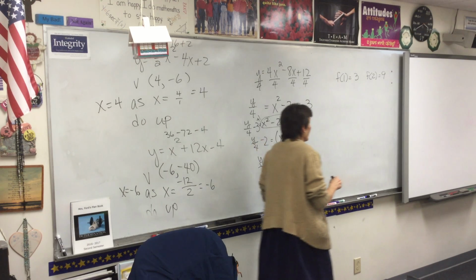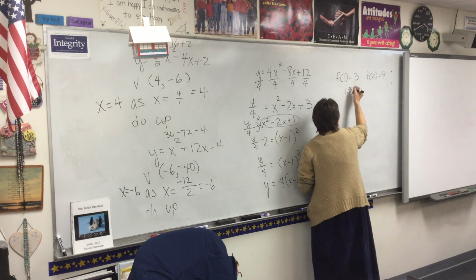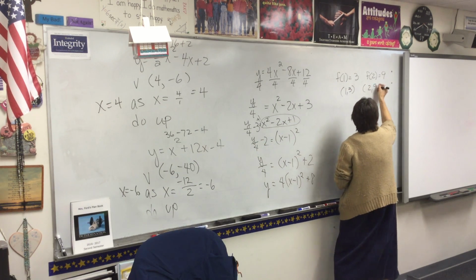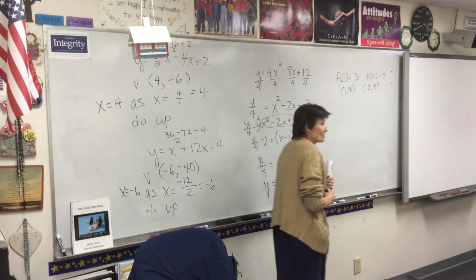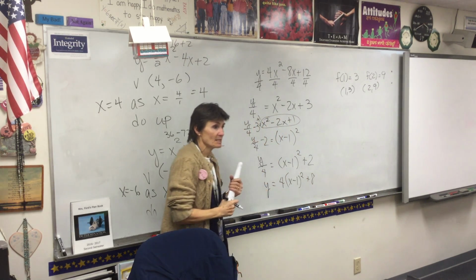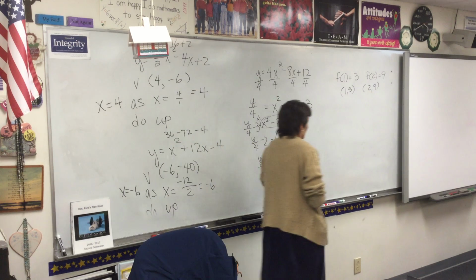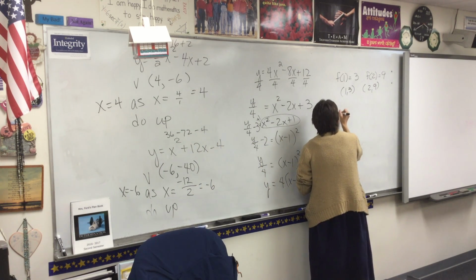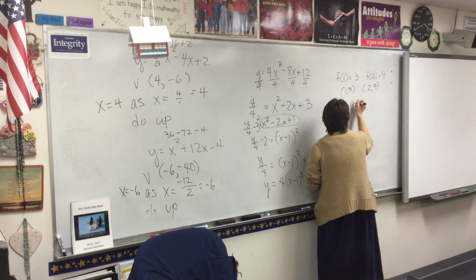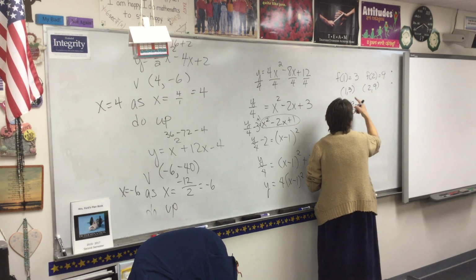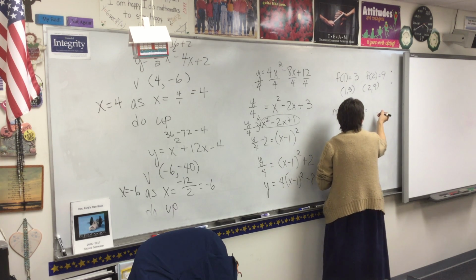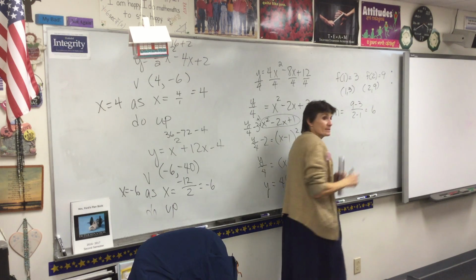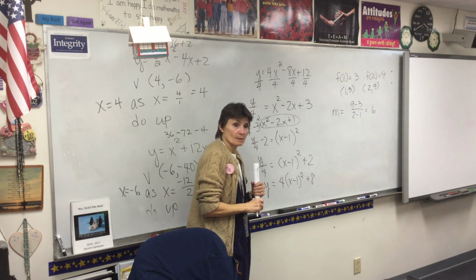So we're going to start by maybe thinking of these as ordered pairs. It only takes a second to write that down, and that might make it easier for you to keep track of y's and x's. So slope will be 9 minus 3 over 2 minus 1. So 6 over 1, or 6.